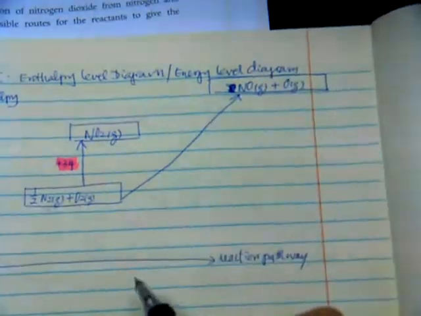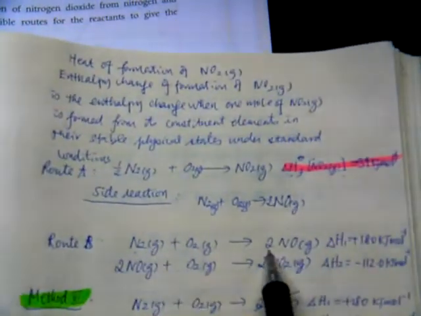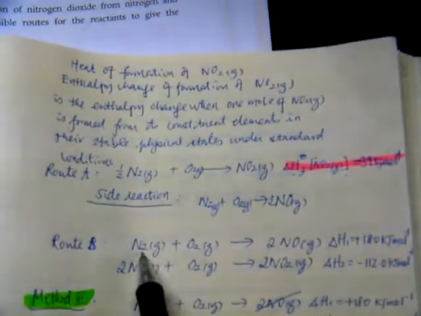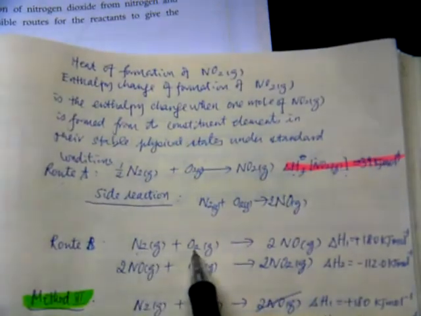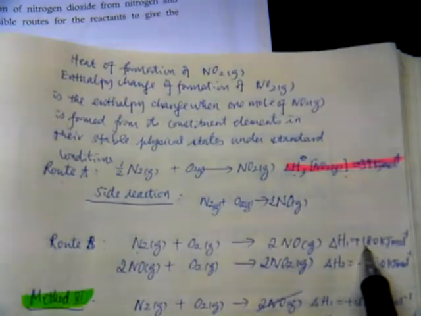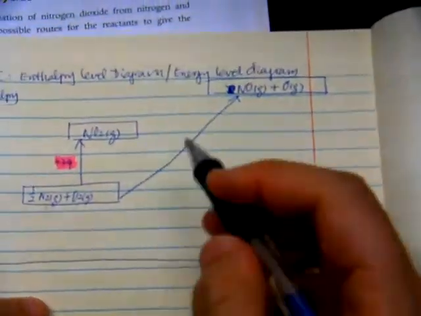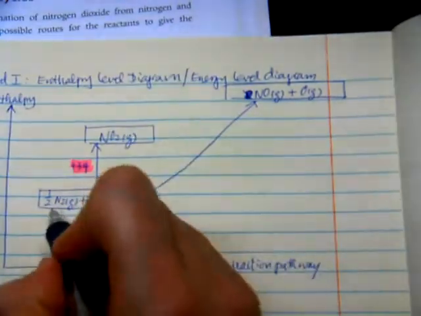Now, be careful. Look at this equation. We have 1 N2, 1 O2 to form 2NO with delta H plus 180. But now look at this equation. We have only half.